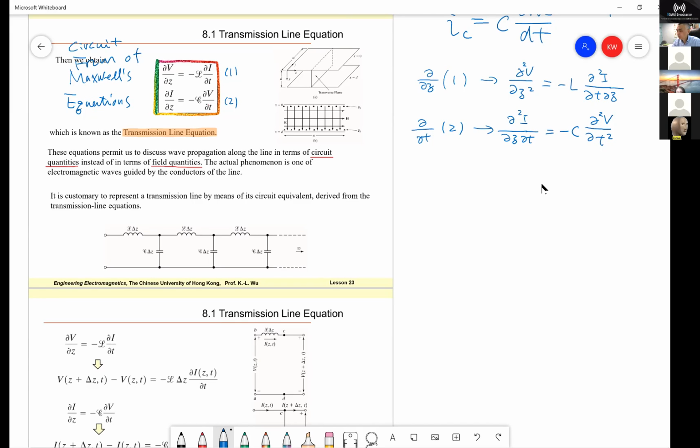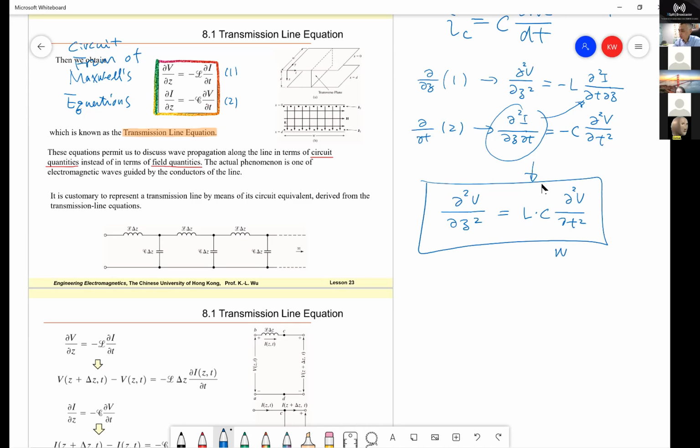Okay, so if you substitute this into this, then you eliminate current, right? Then what equation we have is exactly the wave equation, right?